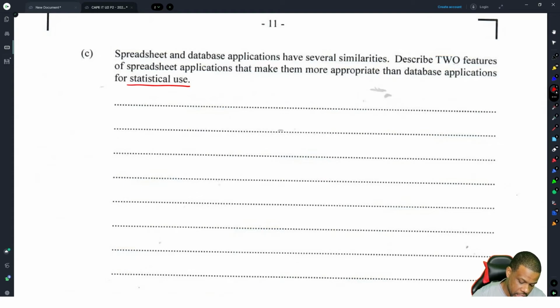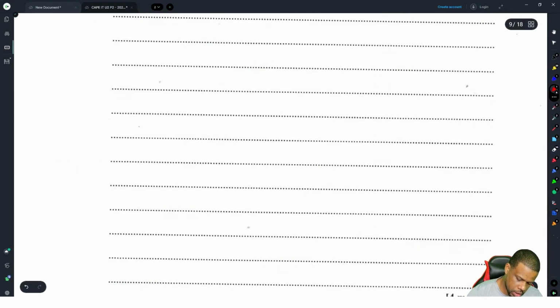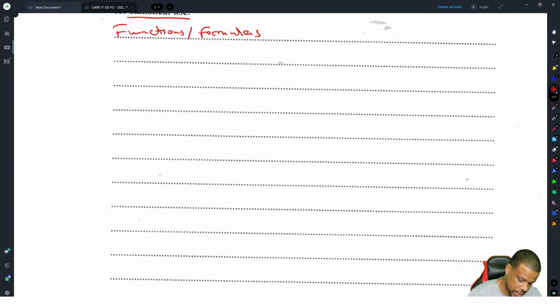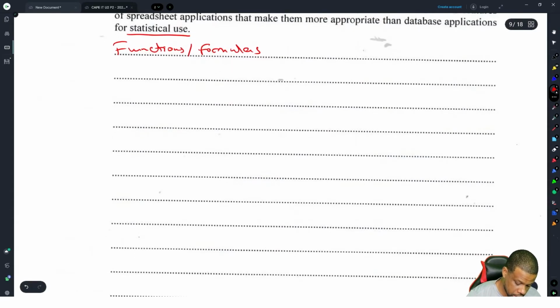All right, 2 features of a spreadsheet application that make it more appropriate than a database application for statistical use. We'll go with functions and formulas, and the next thing will be graphs and charts.